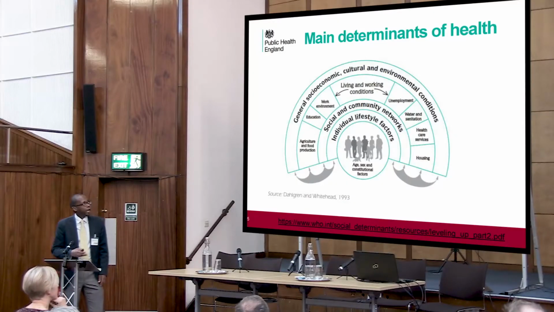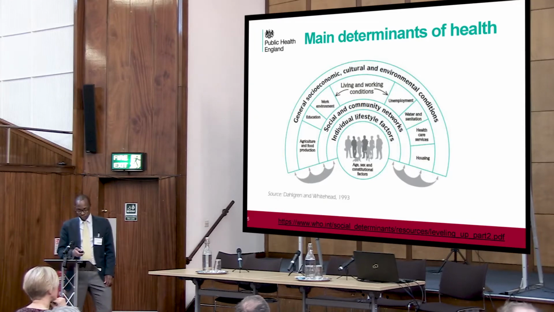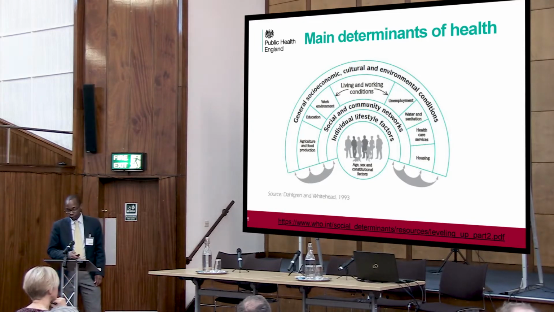However, we have a wide range of modifiable factors, such as lifestyle, the physical and social environment, which we can act upon to improve, or in some cases, which we wouldn't want to do, to impact on health negatively. But the key here is really to work on these modifiable factors to improve health overall.